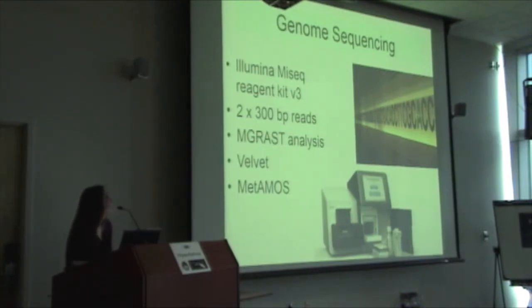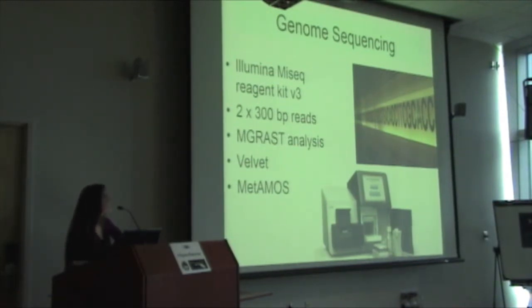There, they used the Illumina MiSeq reagent kit v3, which was able to read base pairs at 2 times 300. So far, we've gotten our sequencing data back, in total around 20 gigabytes of data, and we've only been able to analyze 1 gigabyte.